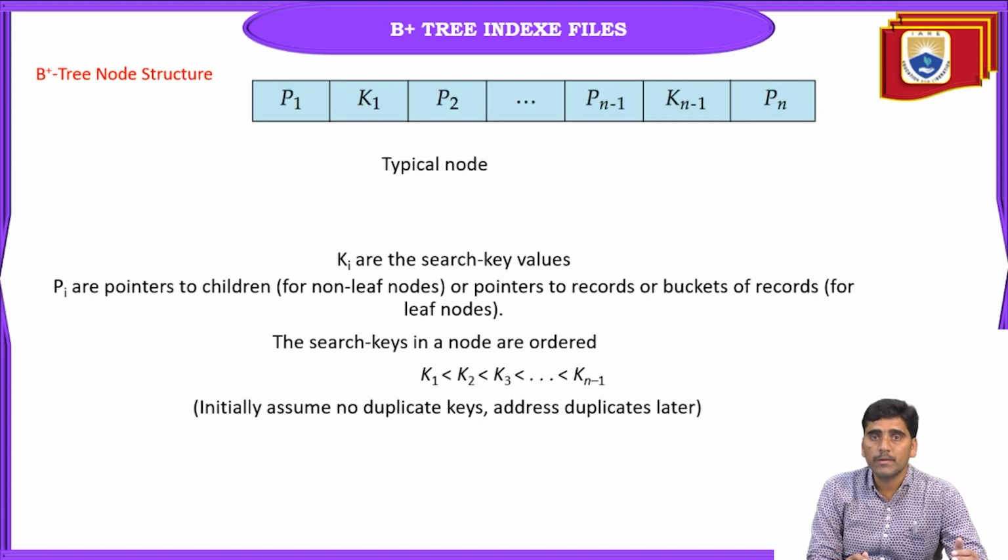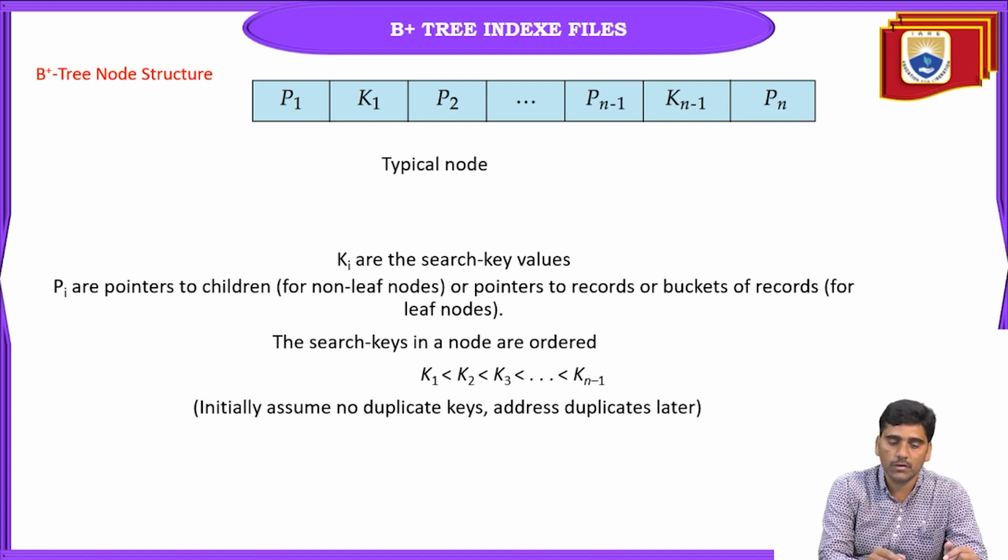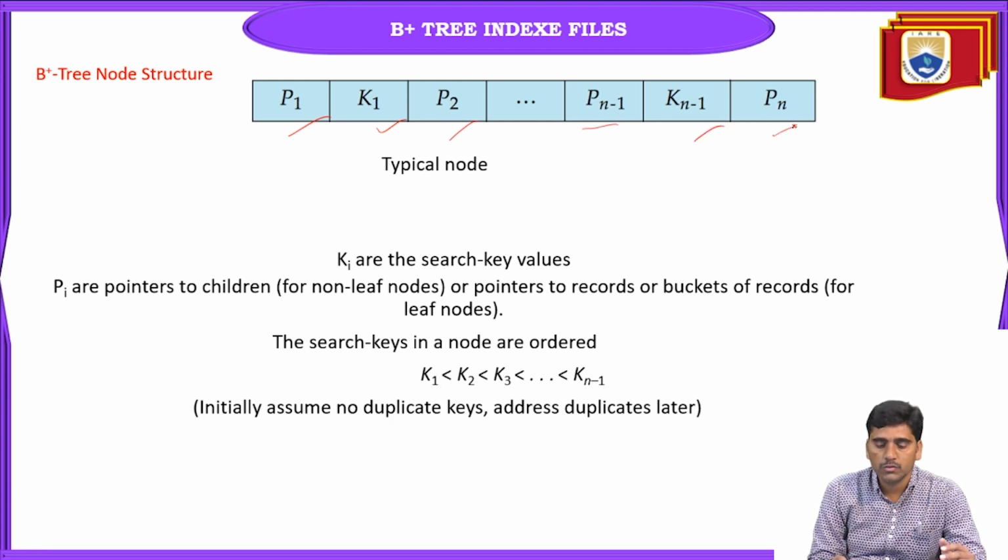And this is the B plus tree node structure. The node structure contains P1, K1, P2, up to Pn-1, Kn-1 and Pn. So here the P's are pointers from the index nodes, and K1, K2, up to Kn-1 are the search key values.